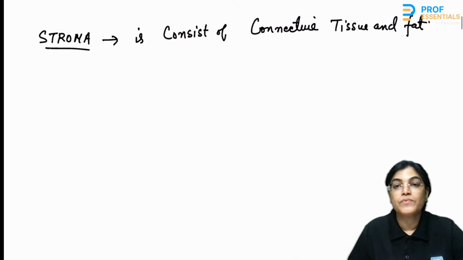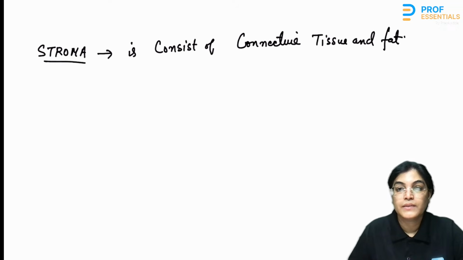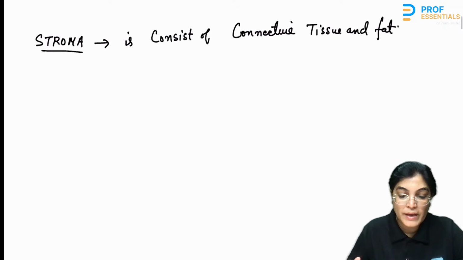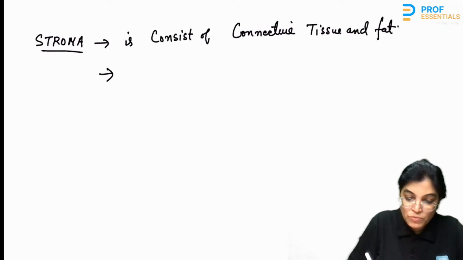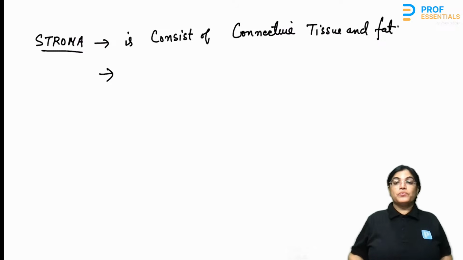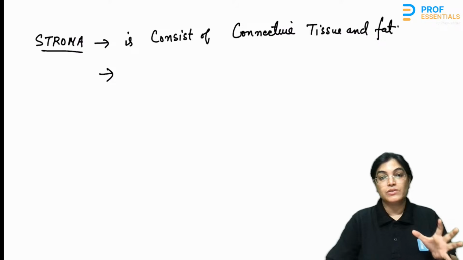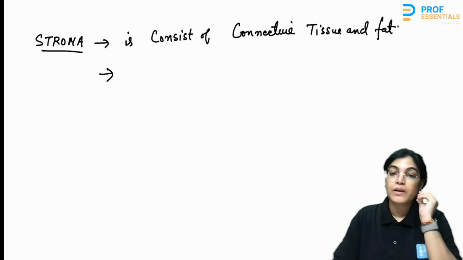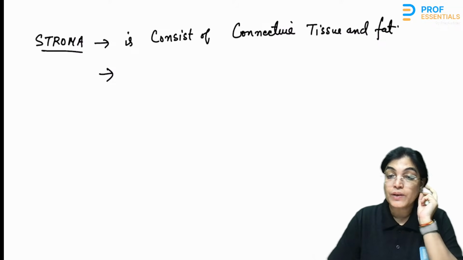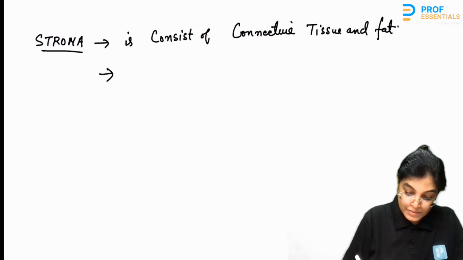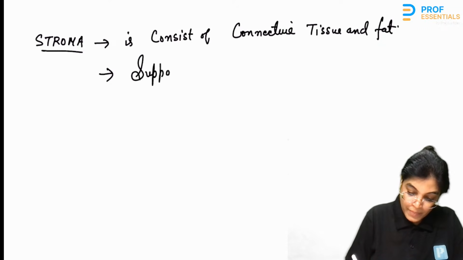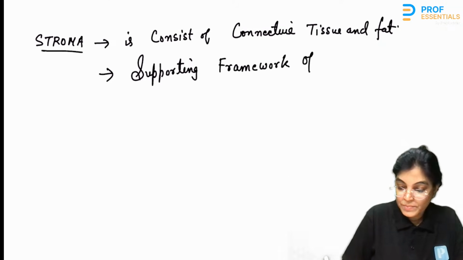The most important function of this connective tissue framework is support. The stroma part of the breast forms a supporting network, a supporting framework for the breast.